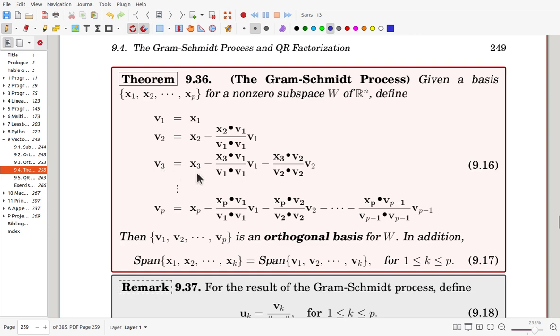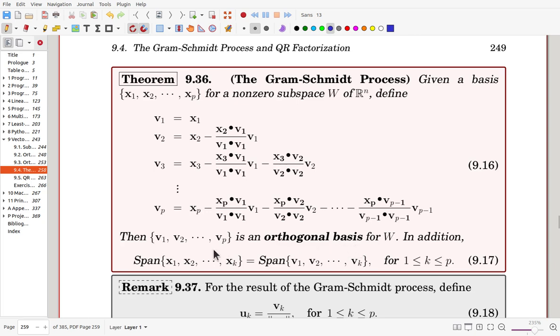So after projection, we rearrange in this way. v3 is obtained from the orthogonal component. Again, v3 is non-zero because they are linearly independent. Keep going, and we get such a formula. Then v1 to vp, the set of these vectors, is an orthogonal basis for W.